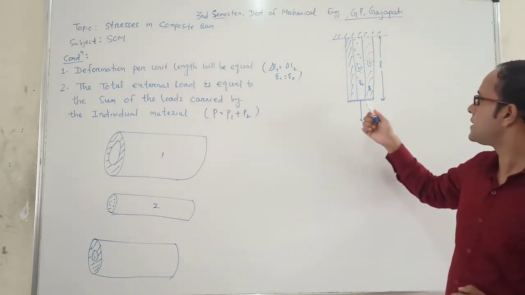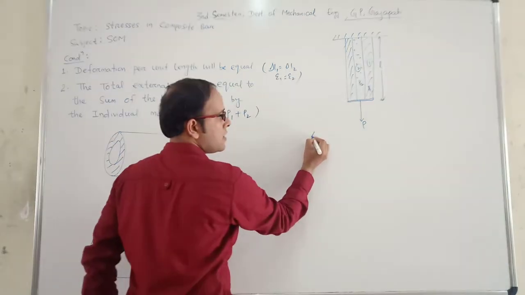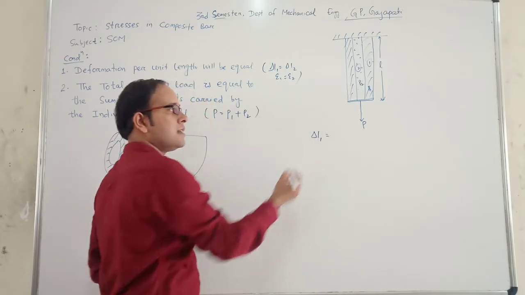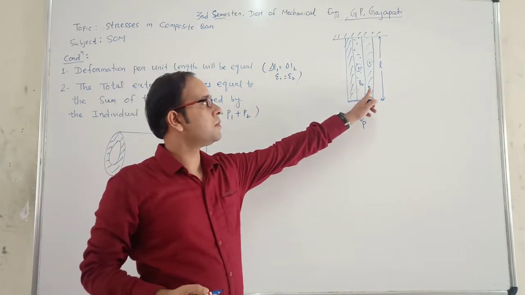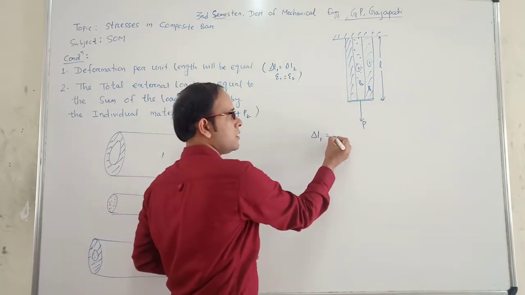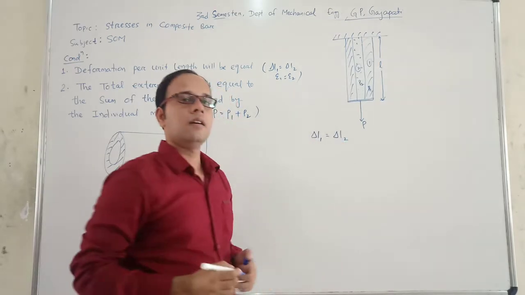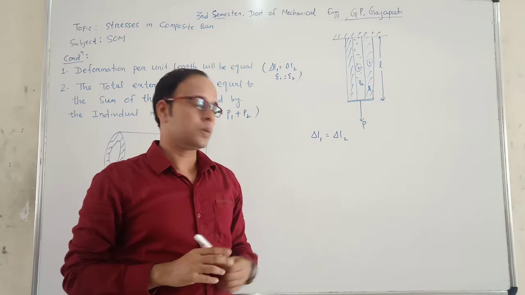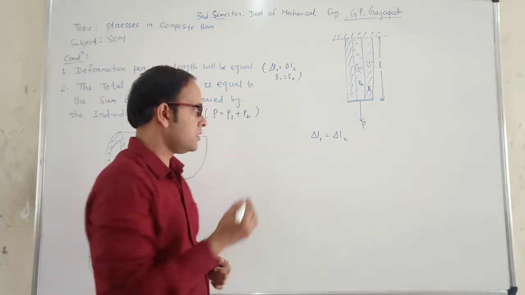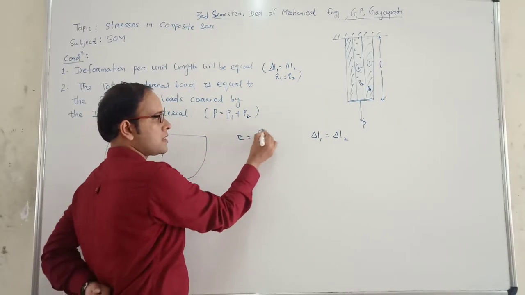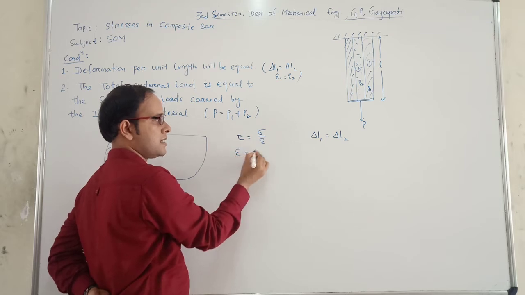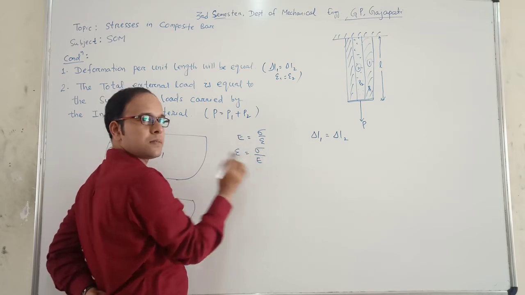So this change in length, that means the extension due to material 1, will be equal to the extension due to material 2. These two should be equal. We know Young's modulus is nothing but stress by strain. So what is strain? Stress by Young's modulus.